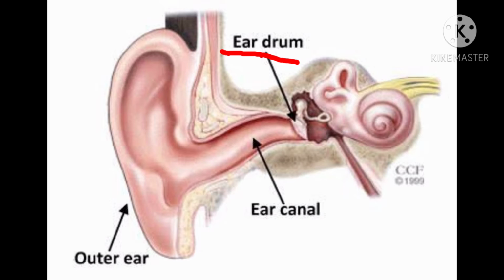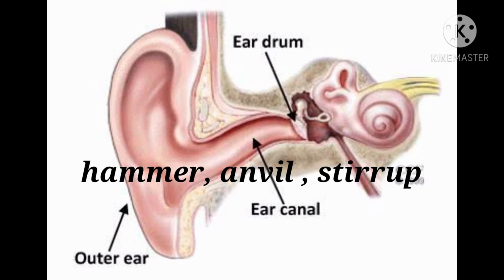The eardrum is located at the end of the auditory canal. When sound strikes the eardrum, it starts to vibrate. The vibrating eardrum strikes the 3 bones, the hammer, the anvil, and the stirrup. These bones are very tiny. They begin to vibrate too.